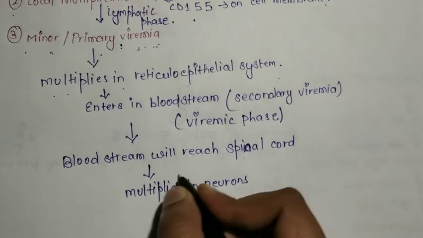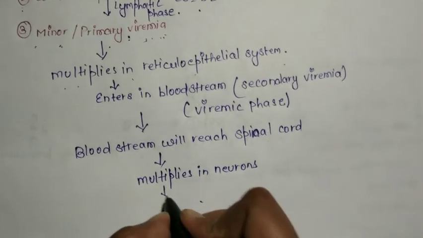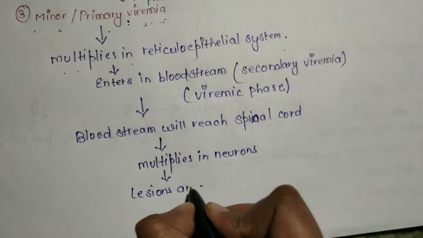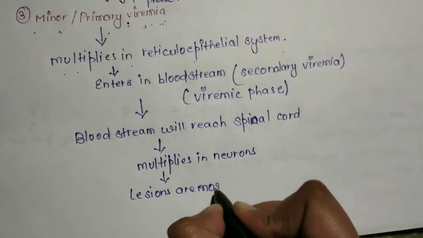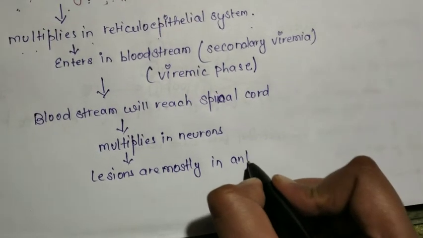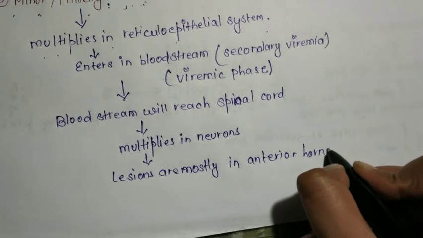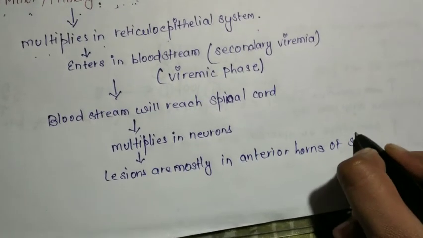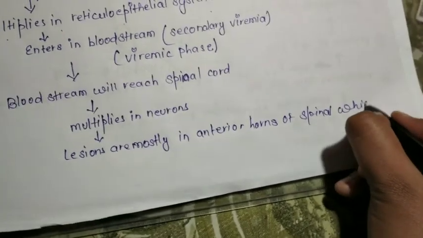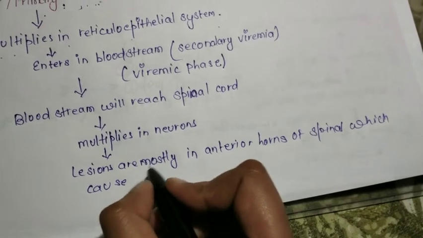Once they multiply in the neurons, the lesions are mostly in the anterior horns of the spinal cord, which cause flaccid paralysis.